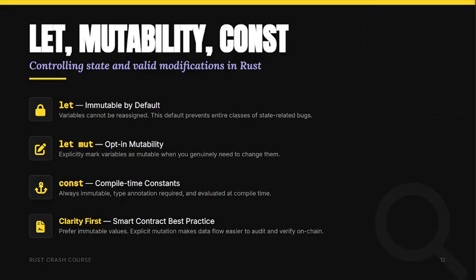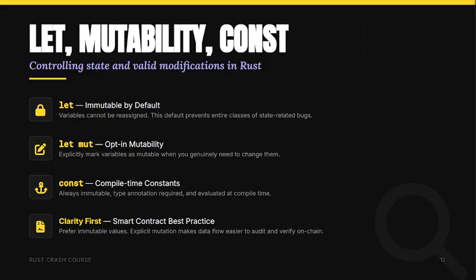Then we have const, compile-time constants. Constants are always immutable. They require an explicit type annotation, and their values are evaluated at compile time. By convention, constants are written in screaming snake case, and you see it in action.